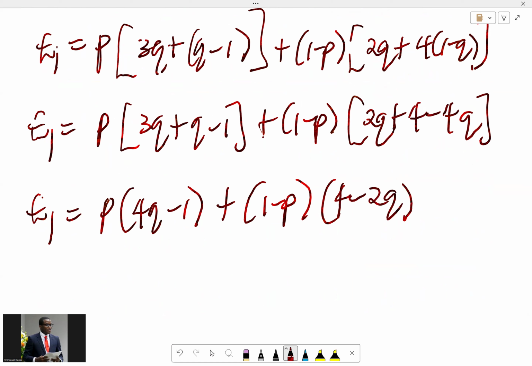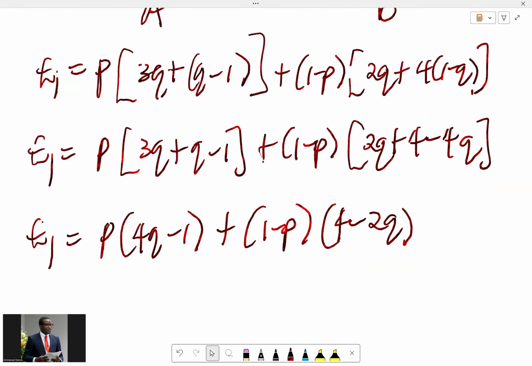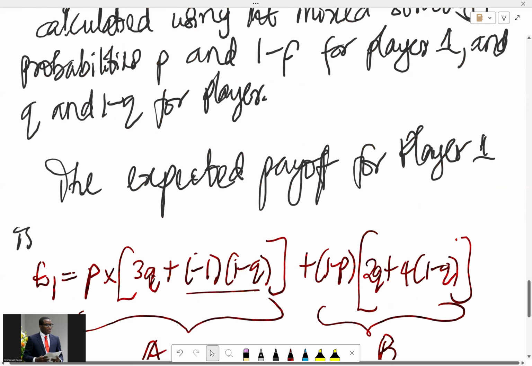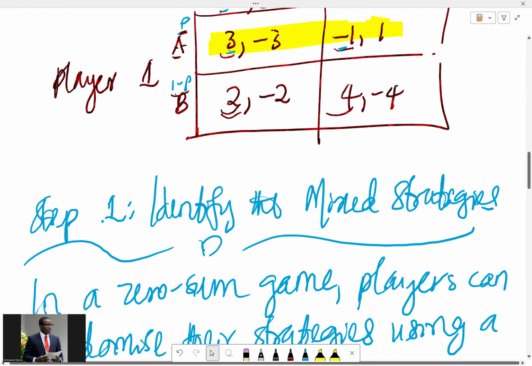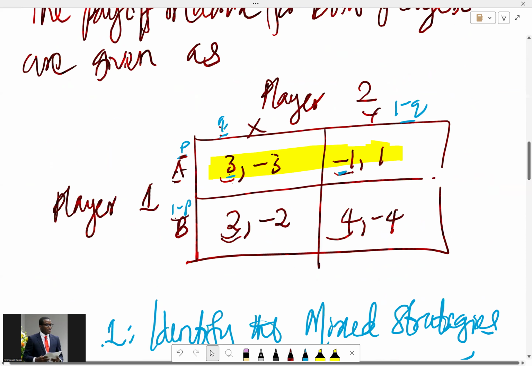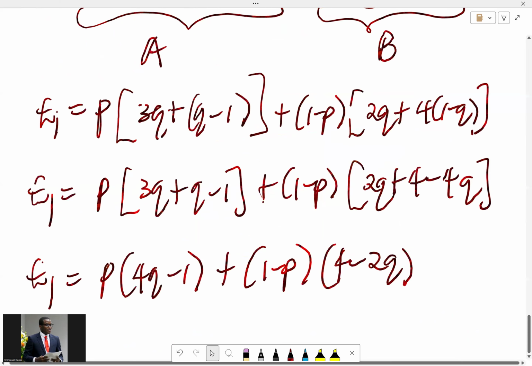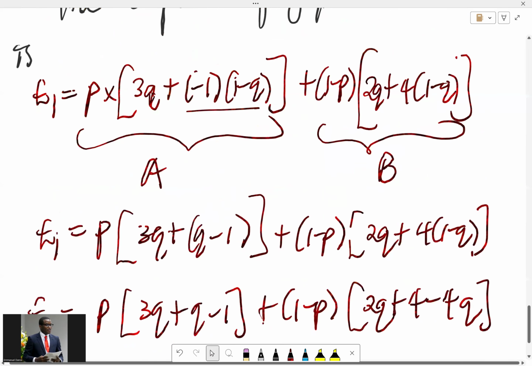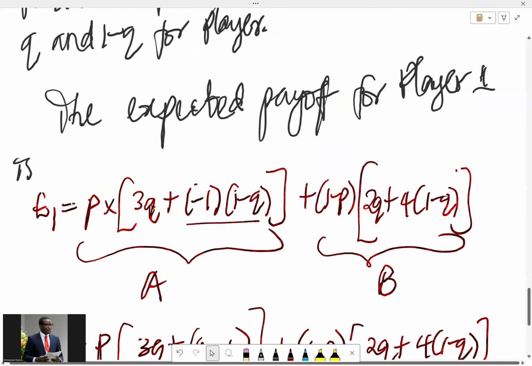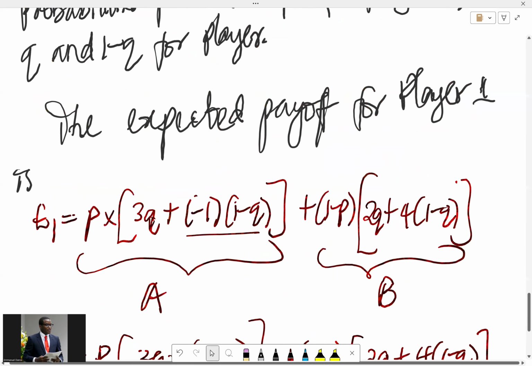So we can now tidy up all of this. So this is P into 3Q plus minus 1 into (1 minus Q).